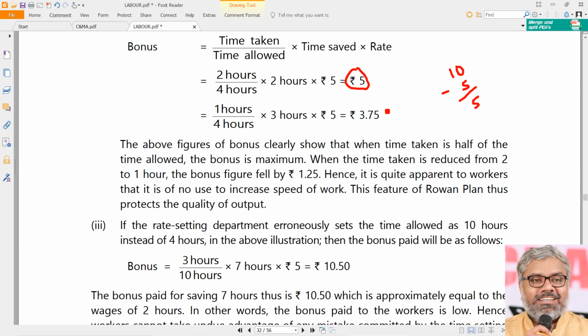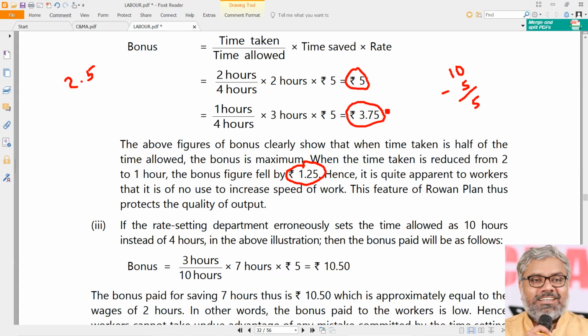Why is that? For 5 rupees bonus, he has saved 2 hours, which means the bonus per hour is 2.5, right? Per hour. Earlier, for 1 hour he earned a bonus of 3.75. That means there is a 1.25 loss to the worker. By working fast, he is not gaining.